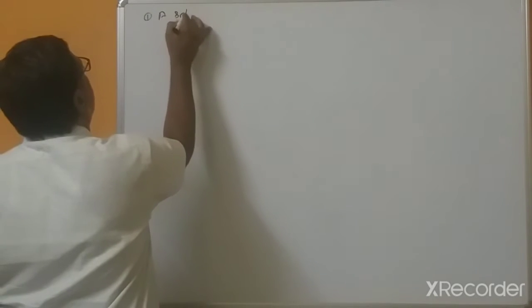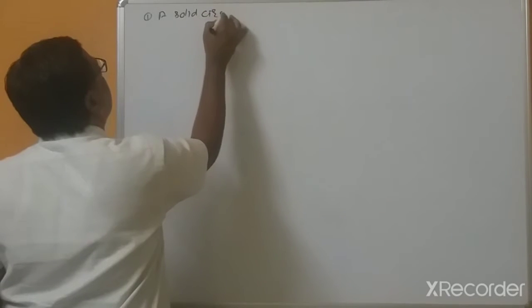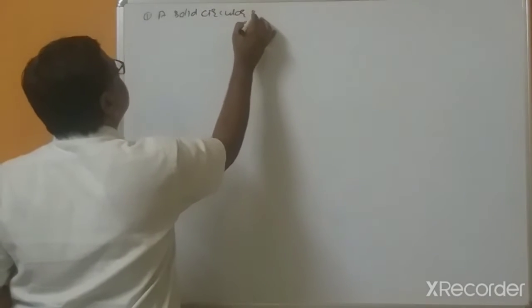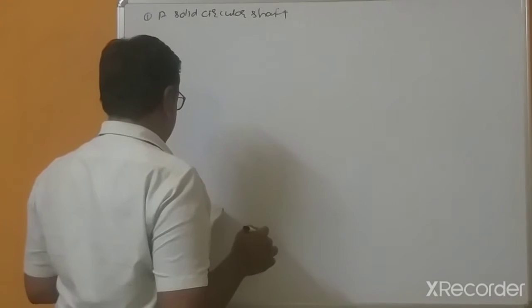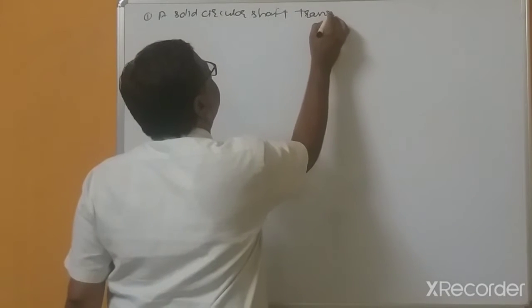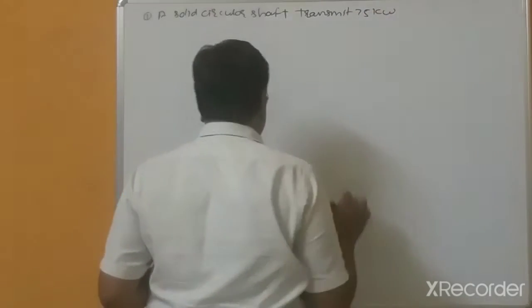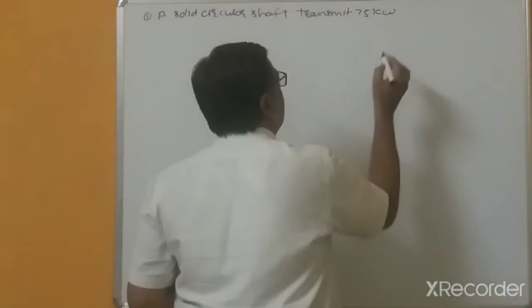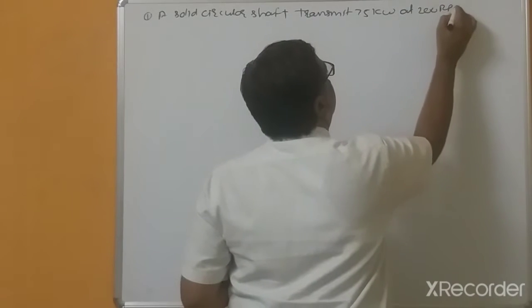A solid circular shaft transmits 75 kilowatt at 200 rpm.